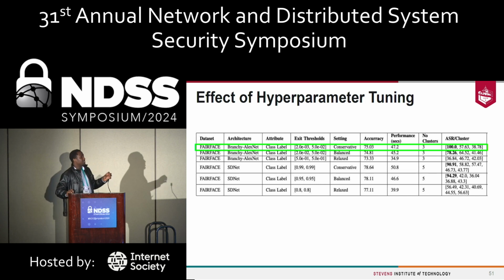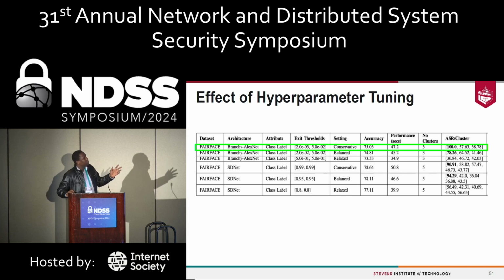In the conservative setting, we are enforcing very strict thresholds on the exits, whereby we favor accuracy over efficiency. That is, we want the model to only classify an image at an early exit when it is really confident about the class of the input.